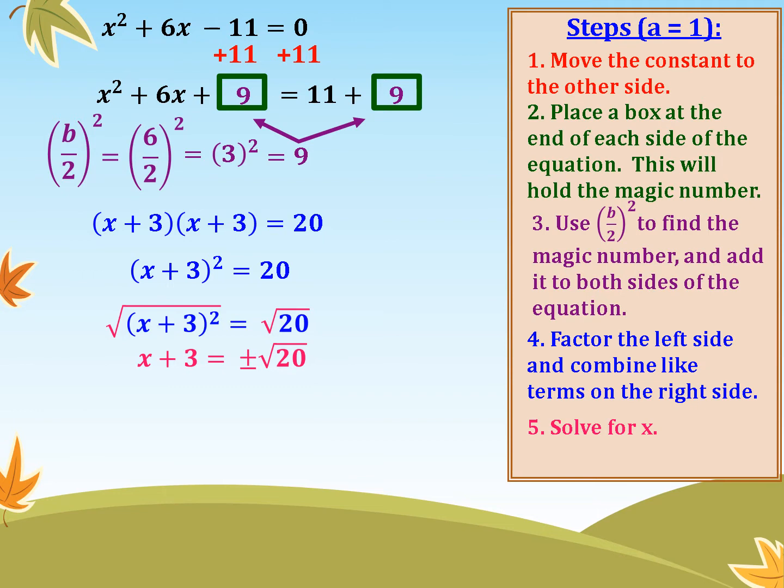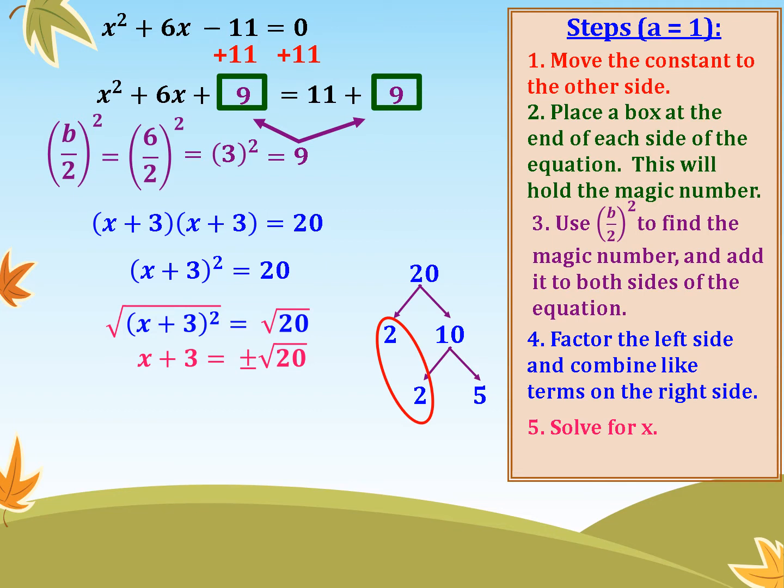So, again, 20 is not a perfect square, so I have to break it down to prime factorization. So 20 is 2 times 10. 10 is 2 times 5. So we circle the two 2's because 2 times 2 is 4. And what is the square root of 4? Well, the square root of 4 is 2.